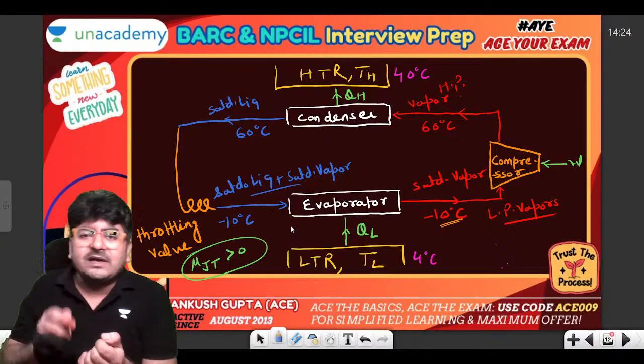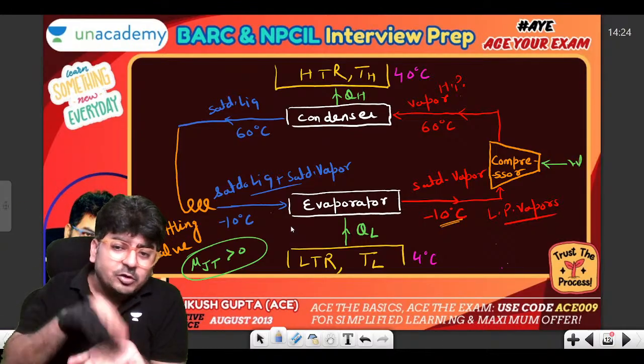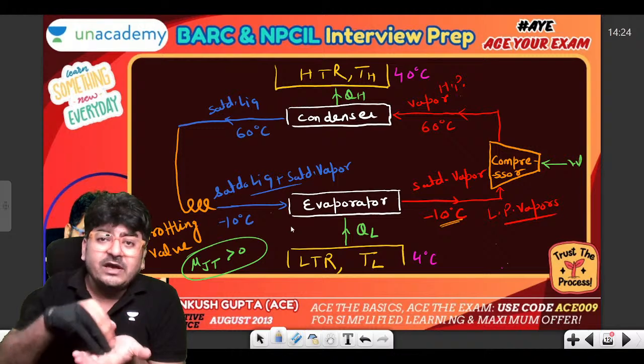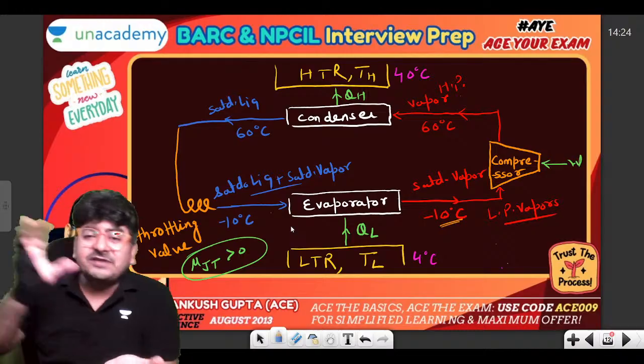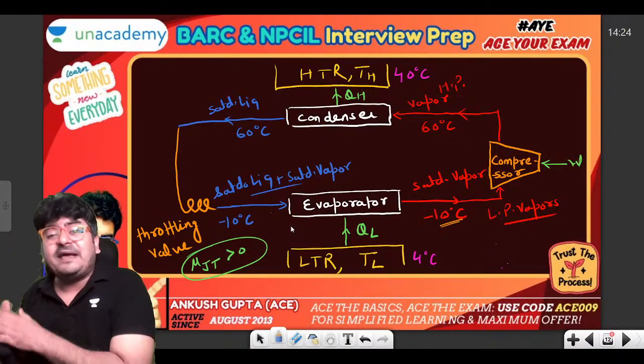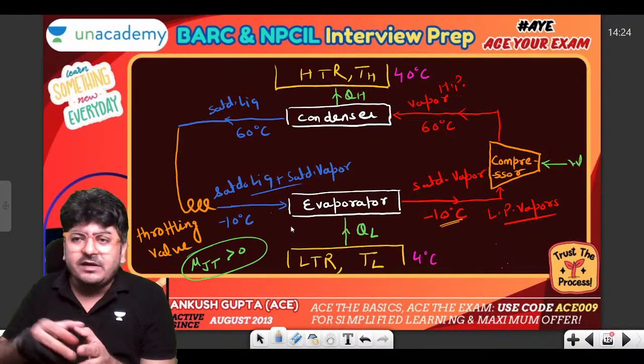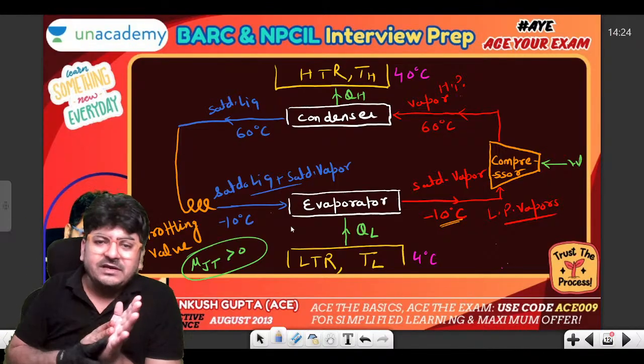So in this whole thing you can see the heat transfer from a low temperature body to a high temperature body, QL to QH, is possible, but only when some work is done on the system, when some extra effort is made. Without doing this work, you cannot increase this temperature.